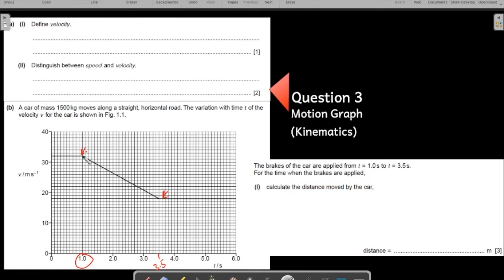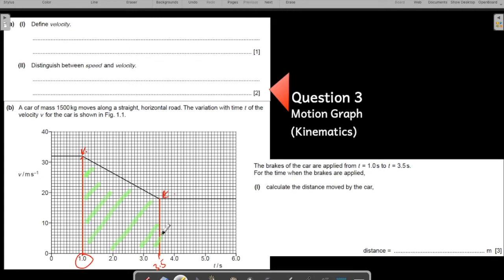Since it is a speed time graph, or a velocity time graph, and all the velocities are positive, the distance moved is the area under the graph. So which area are they talking about? Let us mark it. They are talking about this entire area, like this. Let us shade this region as well so that we understand. They're talking about this area.